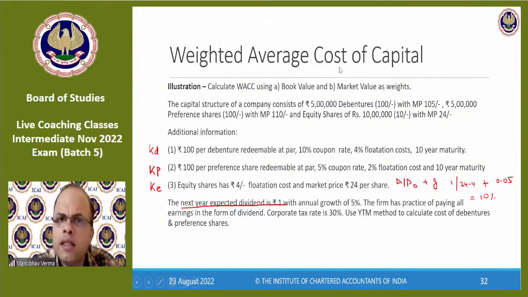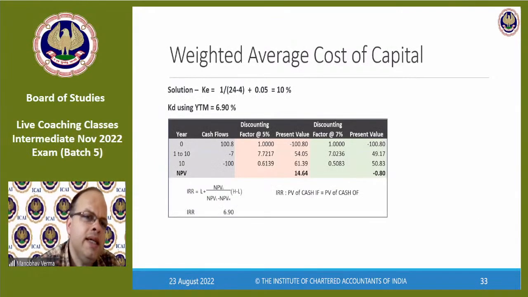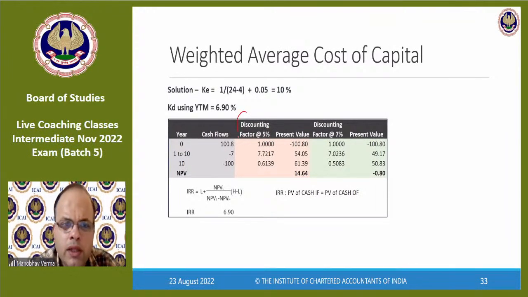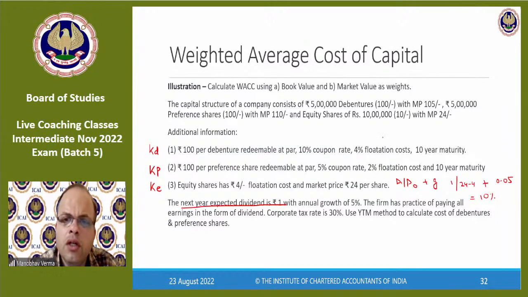Everyone okay, guys? So let's see how we can calculate cost of debt using a YTM method. What I've done here is I've taken a discounting factor of 5%. So I'm focusing on this column first. You all agree that initially, for debentures, 4% is my flotation cost.